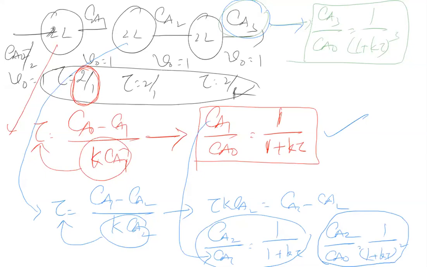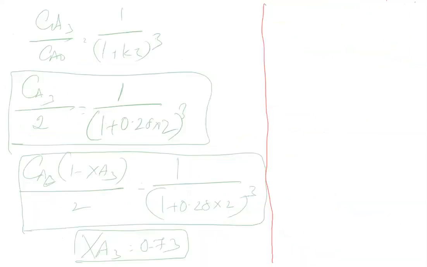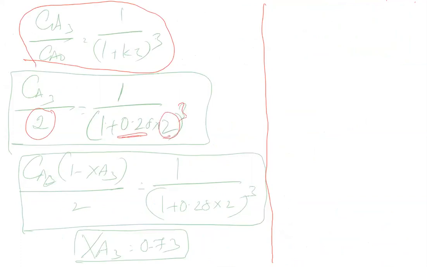So directly you are calculating Ca3. Ca3 by Ca naught is equal to 1 by (1 plus k tau) whole cube, which is 1 by (1 plus 0.28 into 2) whole cube. So Ca3 is simply Ca naught into (1 minus Xa3), divided by 2, and so Xa3 is 0.73.